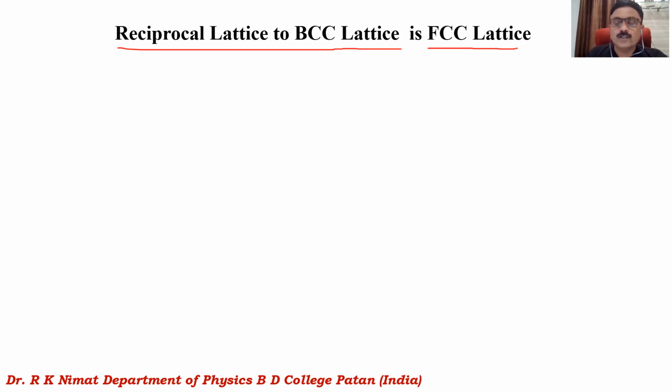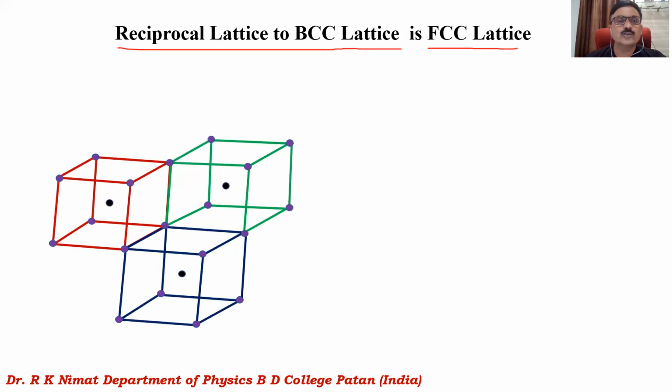So here we'll consider a body centered cubic lattice. Actually, these are three conventional unit cells. We know that the unit cell of the body centered cubic is not a primitive unit cell, because there is an atom present at the center of the unit cell in addition to the atoms at the corners.